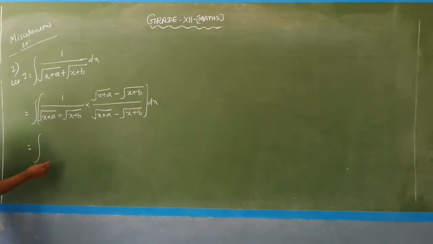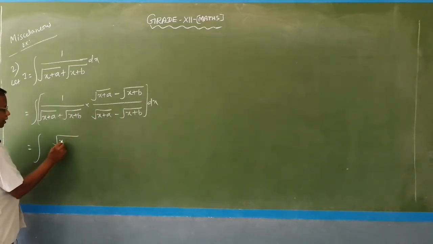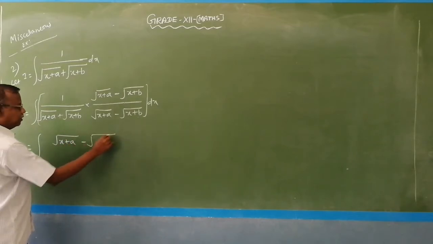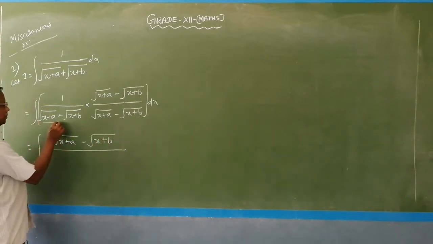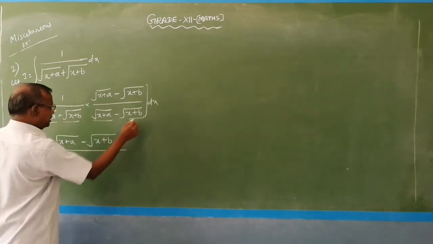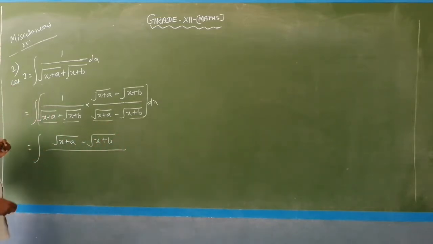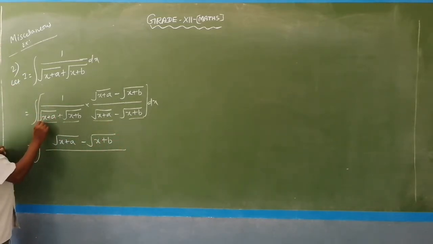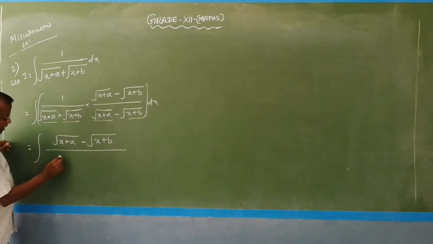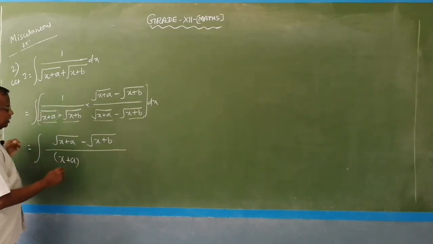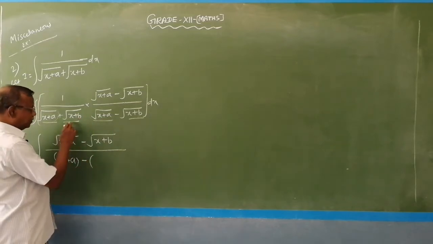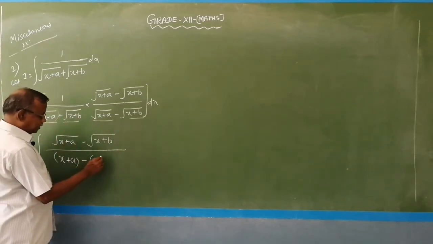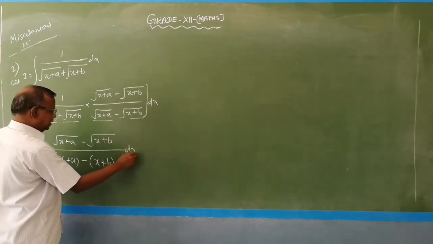Now, this is root of x plus a minus root of x plus b whole divided by, this is in the form of a plus b into a minus b. So, a plus b into a minus b equal to a square minus b square. A square means root of x plus a the whole square, that is x plus a, and minus root of x plus b the whole square, that is x plus b, into dx.